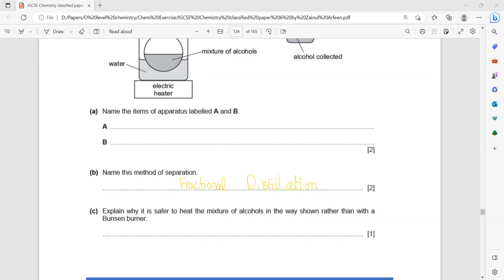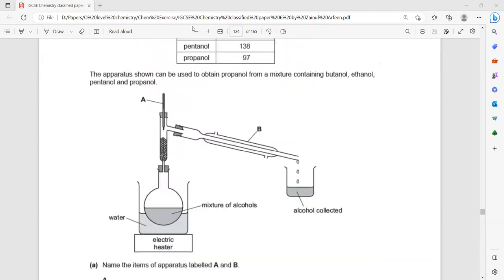The simple difference is that there is a fractionating column with beads. If the apparatus is for fractional distillation, these beads are there. If it is simple distillation, this part won't have beads, so you can clearly identify that it's simple distillation rather than fractional distillation.